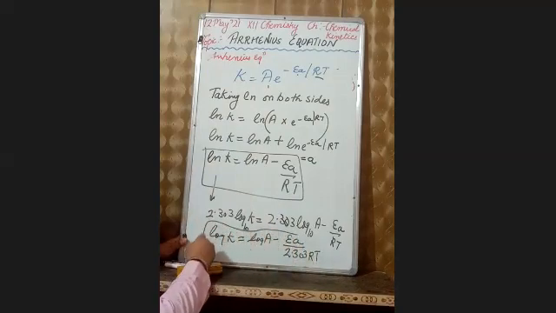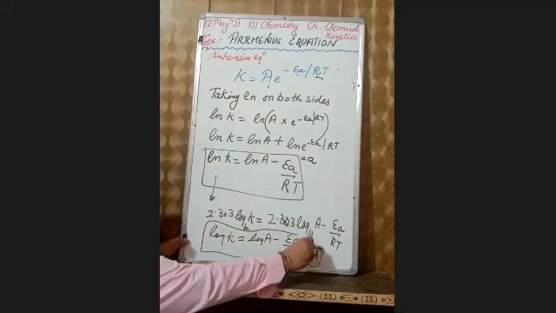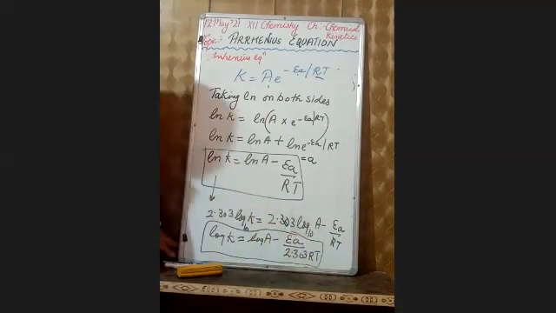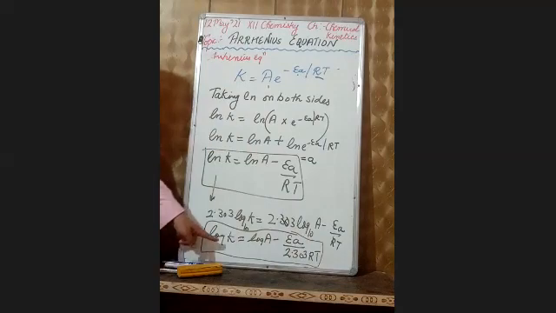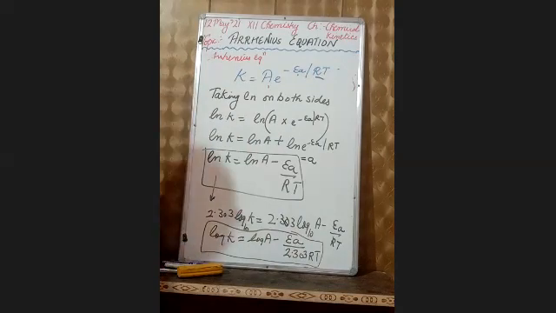This is the log form of the Arrhenius equation. The first equation is ln k is equal to ln A minus Ea by RT. The second is log base 10 k is equal to log A minus Ea over 2.303 RT. Depending upon the question, we will be using these formulas.